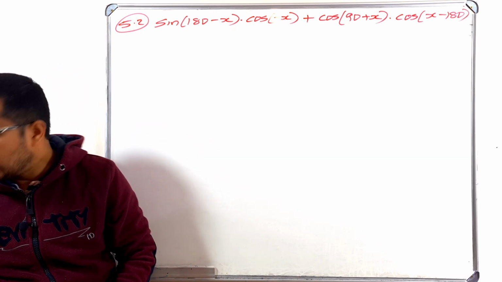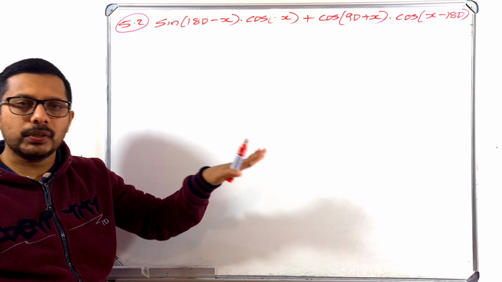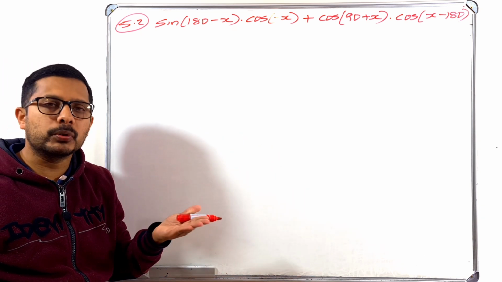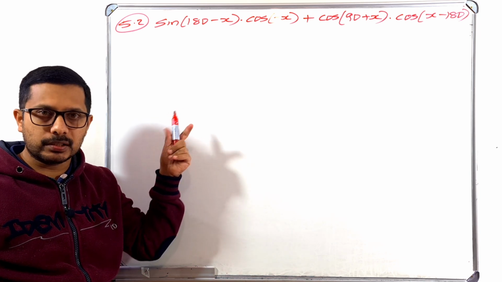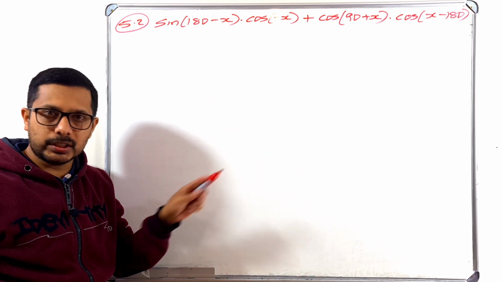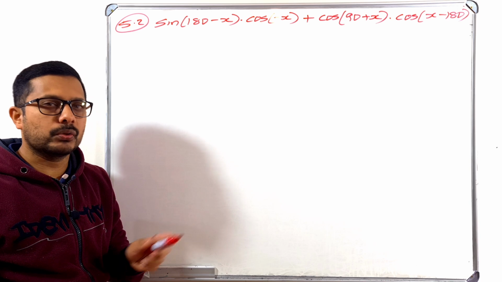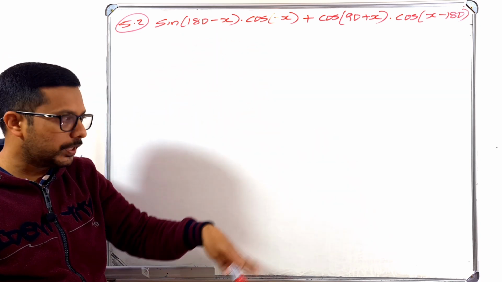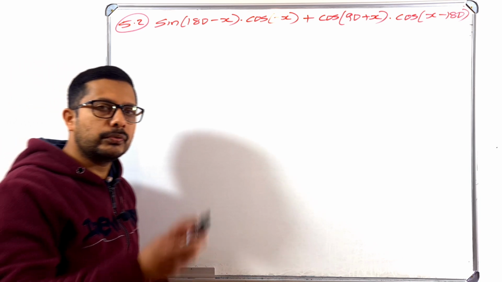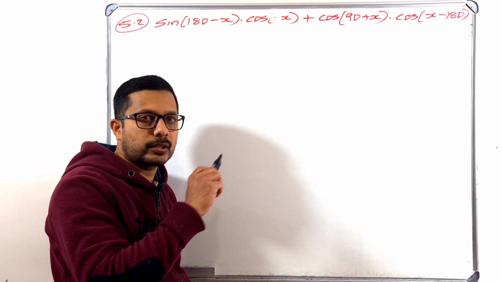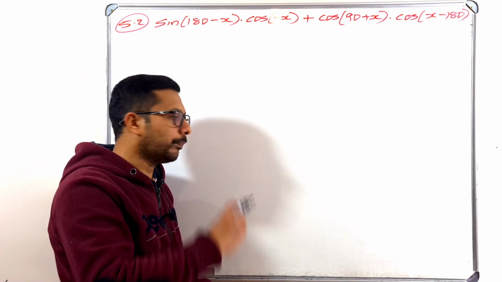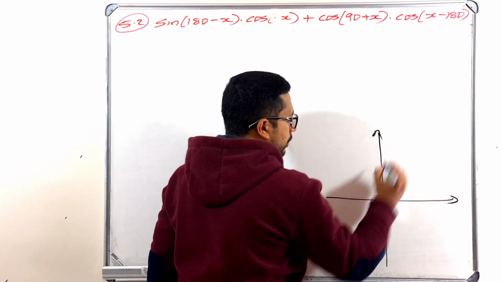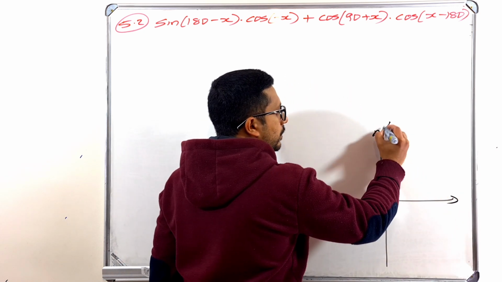Just as a recap, I'm going to explain that briefly here. To understand more, you have to watch the classes where I explain all these reduction methods. So for this question, I briefly explain here. This is the x and y axis, this is the x axis and this is the y axis.